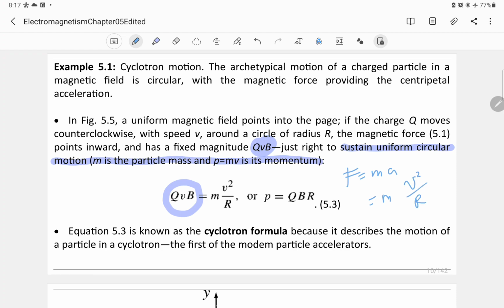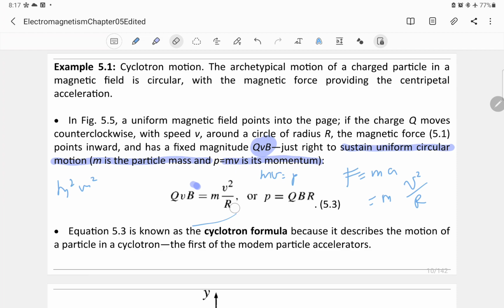So if this is your force, and this is now equal to QVB. And if MV is your momentum, so you can write M square V square.